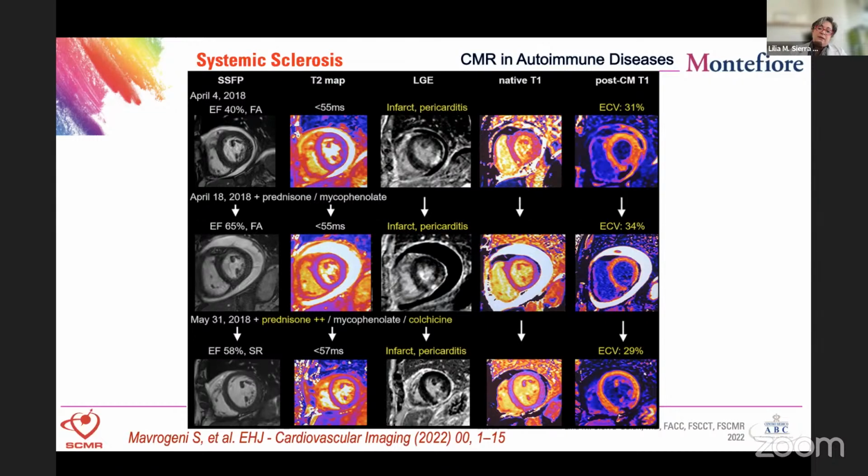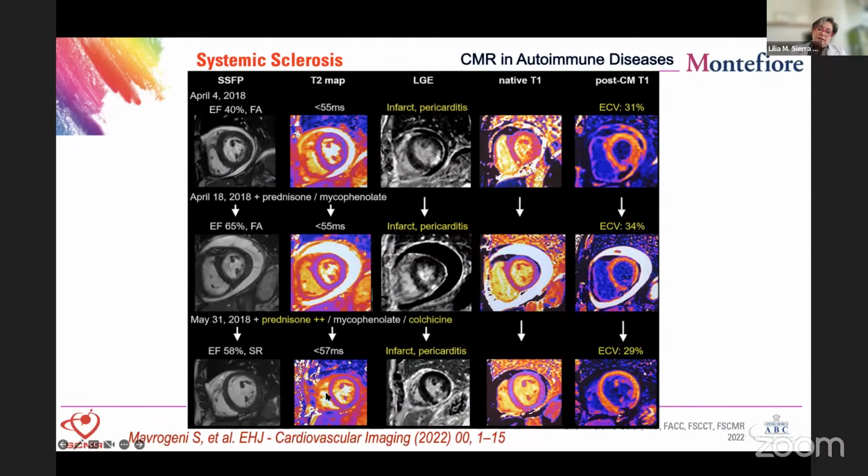So the pericardial effusion increases and the inflammatory process increases. And we need to add colchicine to treat the pericardium and see how the patient improves. Now it's in sinus rhythm with a pretty normal or almost normal ejection fraction.